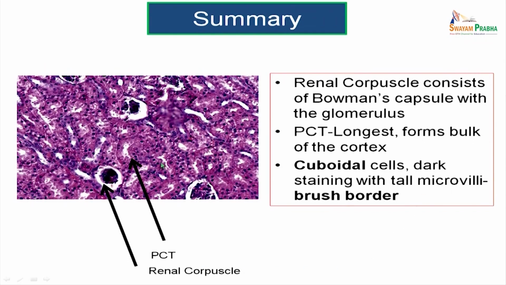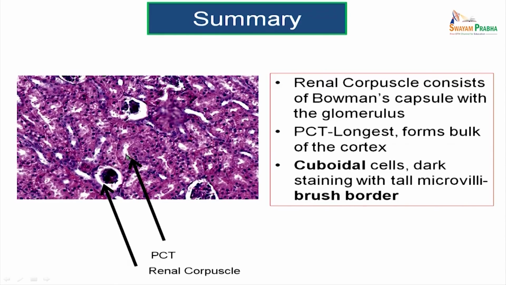So, now we will summarize what we have learnt till now. We have mostly concentrated on the cortex of the kidney. We have learnt in detail about the renal corpuscle, which consists of the Bowman's capsule, which is outer, and the glomerulus, which is nothing but a tuft of capillaries.